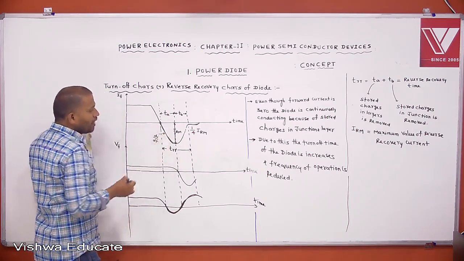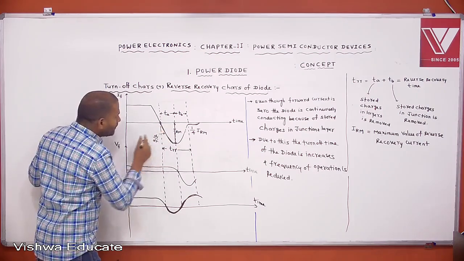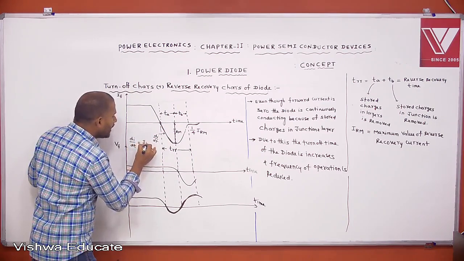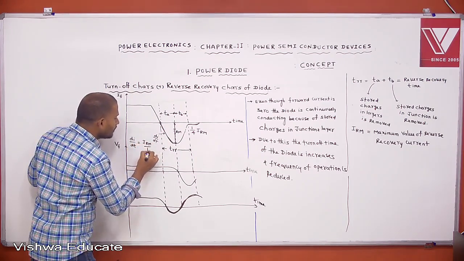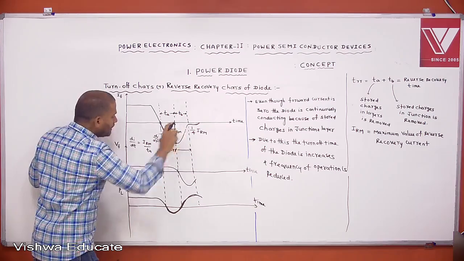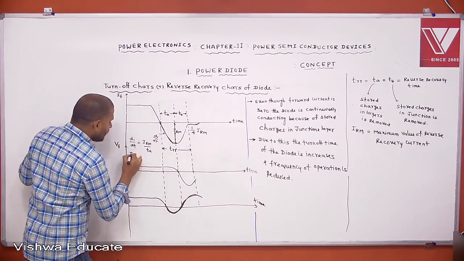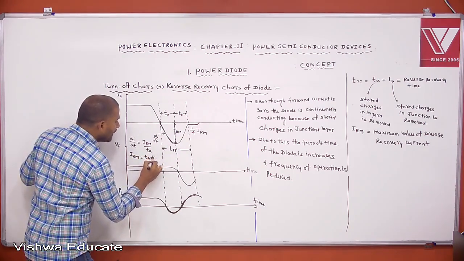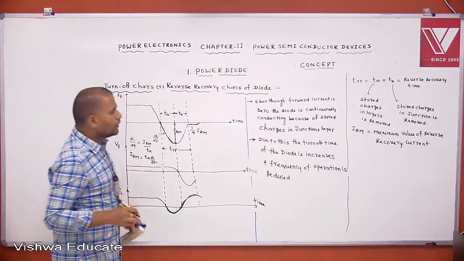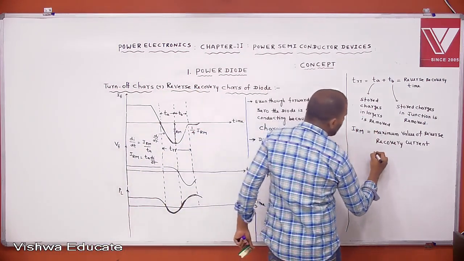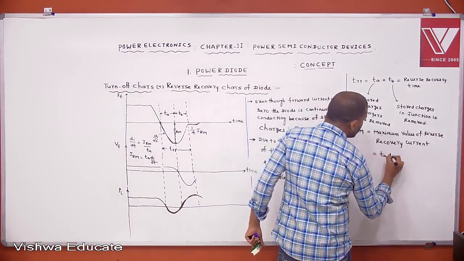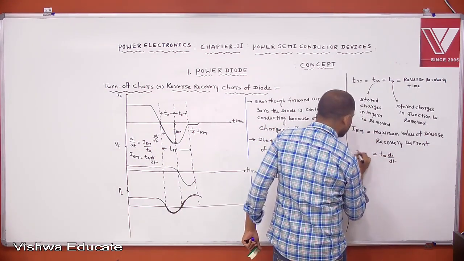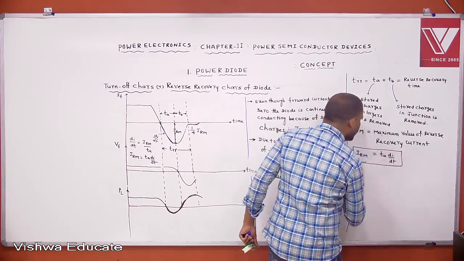So di by dt equals IRM by TA, current di over time dt. Then IRM equals TA into di by dt. You write this expression: IRM equals TA into di by dt. This is the maximum value of the reverse recovery current.